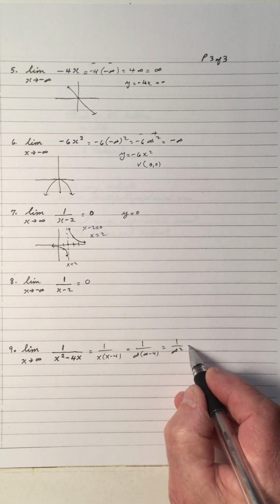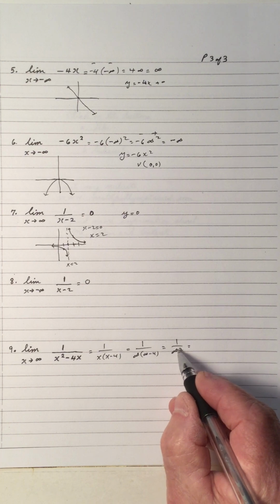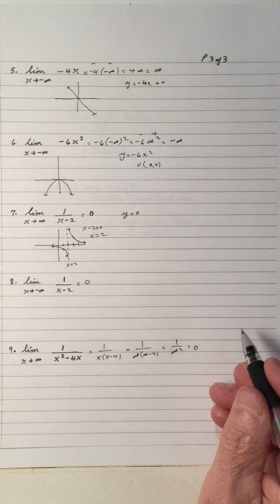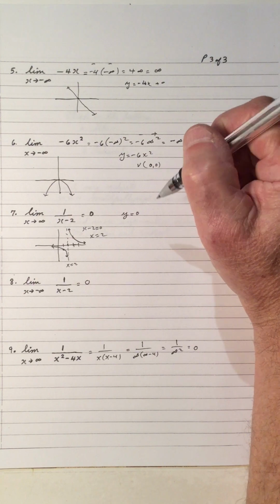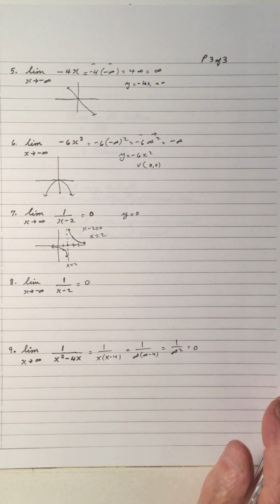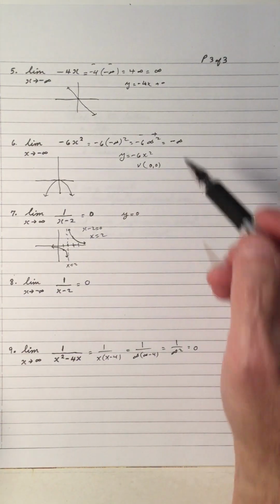So that's infinity squared, so the denominator is getting very, very large. 1 over that approaches 0. And that's just a review of when the limits approach infinity for this rational expression. So there are some examples.